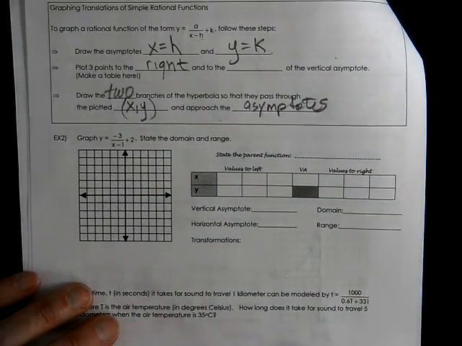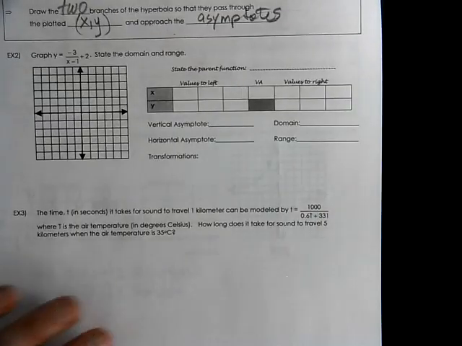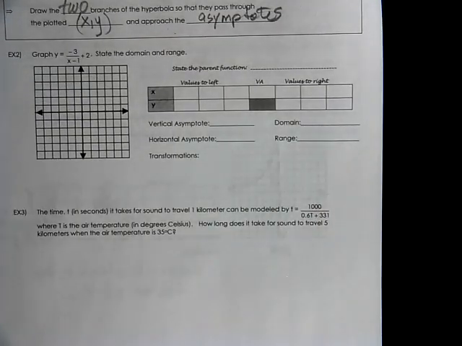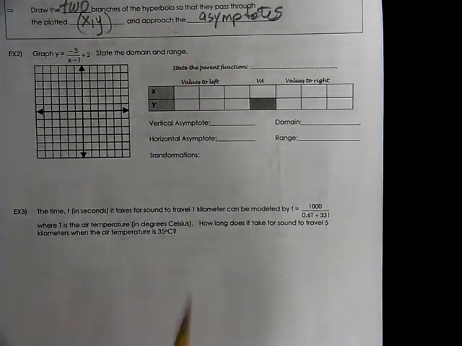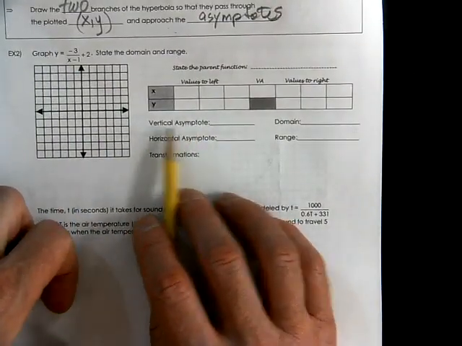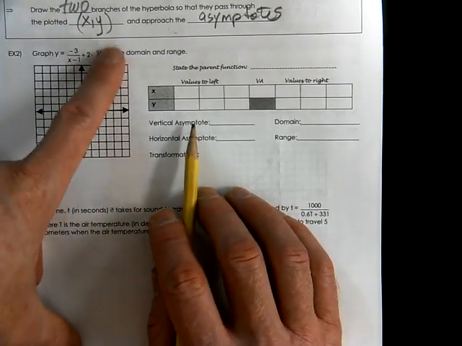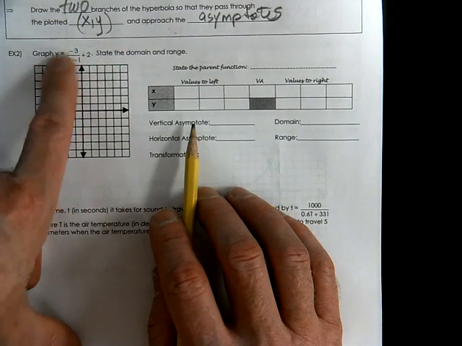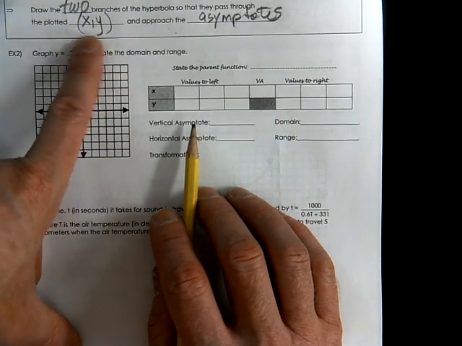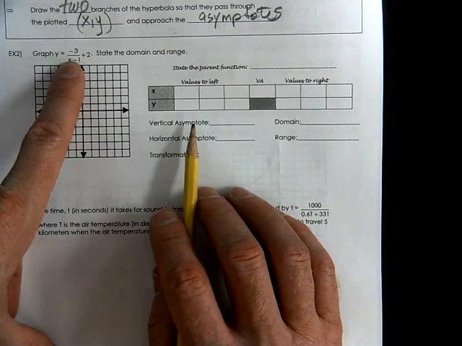So let's go ahead and try to plot this graph out. One thing we can focus on is the vertical asymptote. This is the equation we're trying to graph.